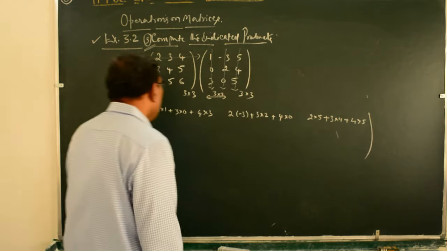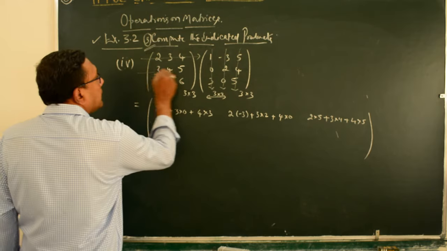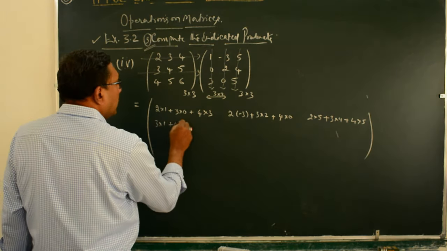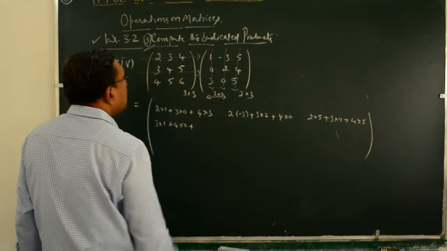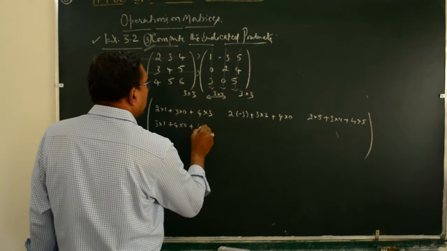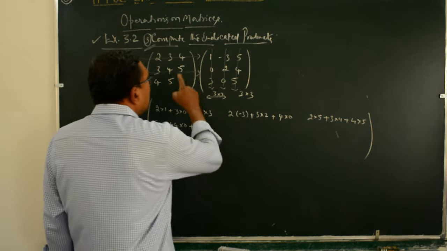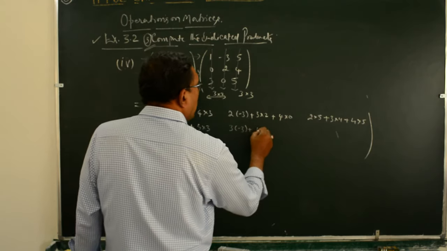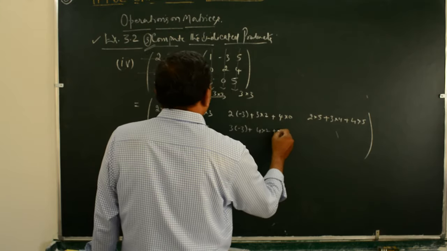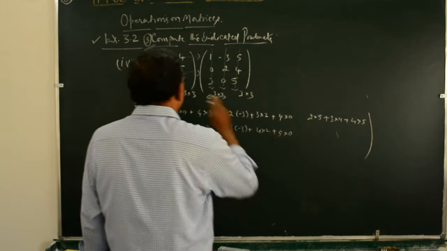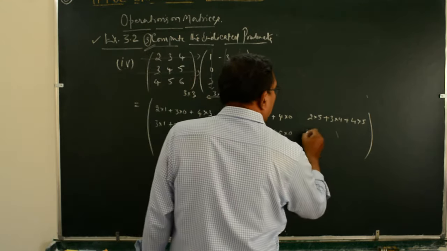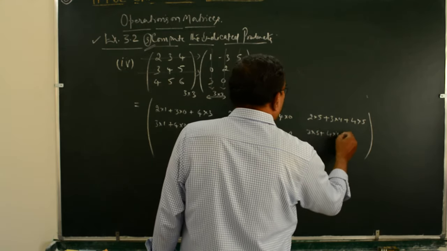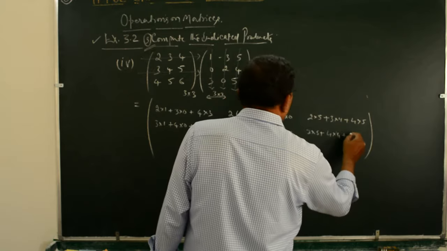And the second row entries are 3 into 1 plus 4 into 0 plus 5 into 3. Here 3 into minus 3 plus 4 into 2 plus 5 into 0, and then 3 into 5 plus 4 into 4 plus 5 into 5.